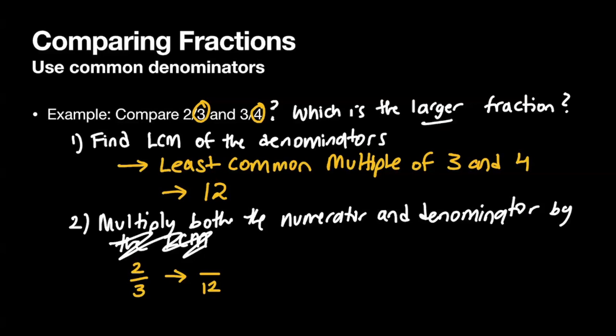So what number times 3 gives us 12? It's 4, right? 3 times 4 gives us 12.